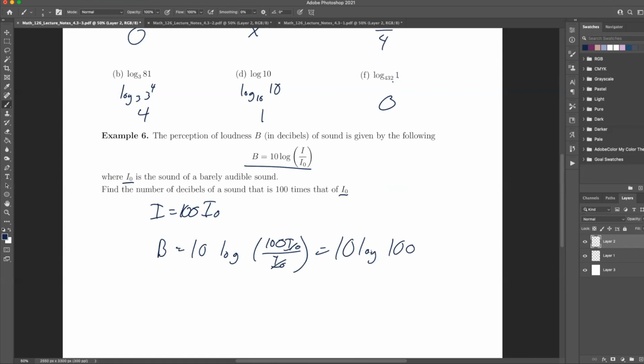What is the log of 100? Well, I can rewrite this as 10 times the log of 10 squared, and this is base 10. That means, due to the cancellation property, this is 2. So this is 10 times 2. So log of 100 is 2, and this is equal to 20 decibels. Okay.